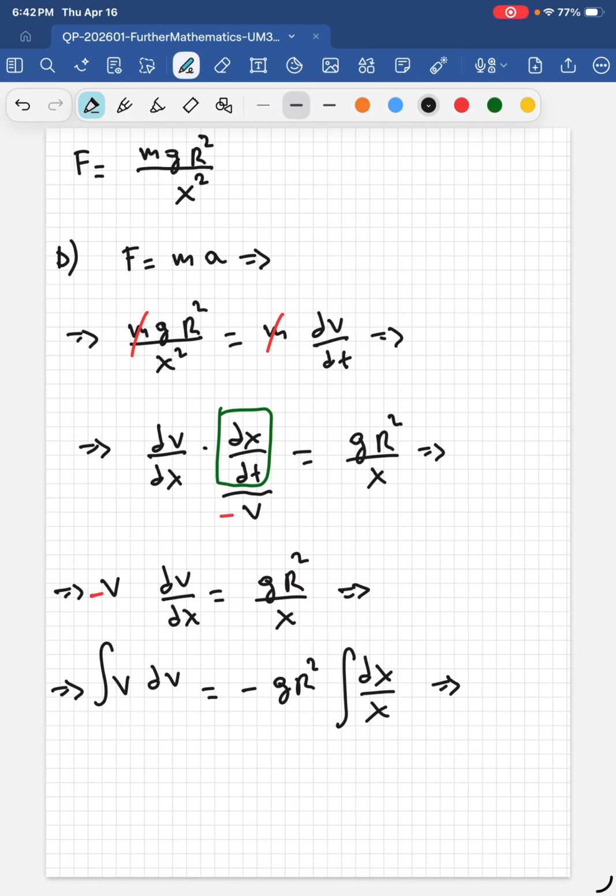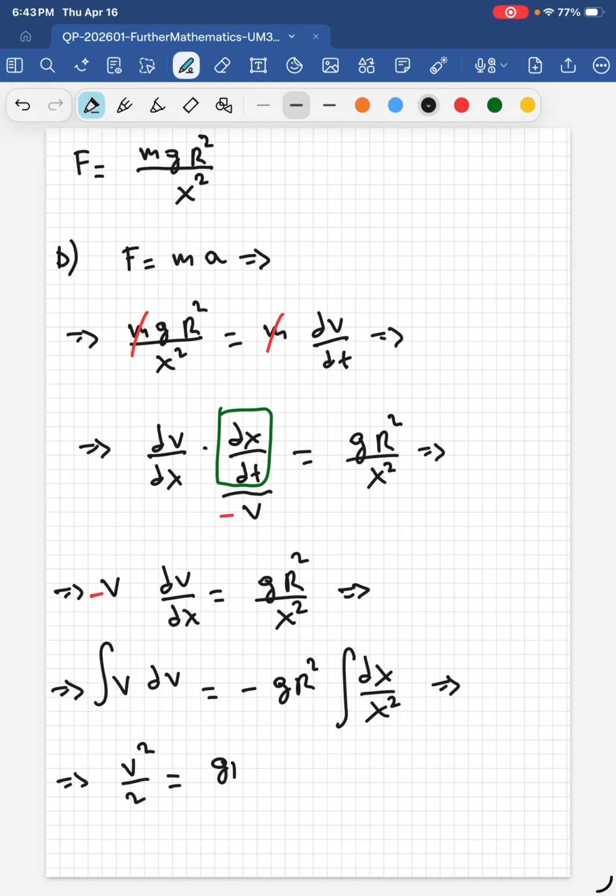And by the way, what did I do here? So it's x squared, guys. I'm sorry, I don't know why I lost my concentration. Excuse me, forgive me about that. Let's move on. Okay, so the integral of minus 1 over x squared is simply 1 over x. Okay, so this is equal to g r squared over x, and then plus a constant.